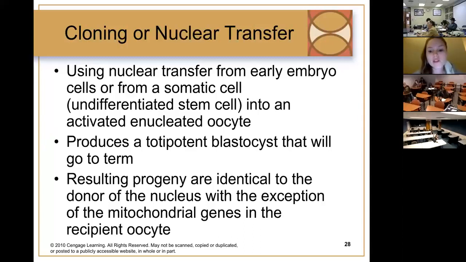That will produce a blastocyst that will then go to term. Those terms are reproduction terms, which we'll talk about next lecture. The resulting progeny would be identical to the donor of the nucleus, with the exception of the mitochondrial genes in the recipient egg, because remember, mitochondrial DNA is passed on from the mom. But other than that, the offspring is going to look the same as the donor.